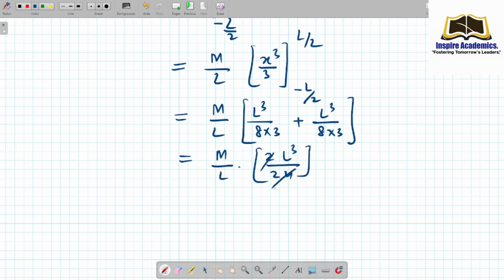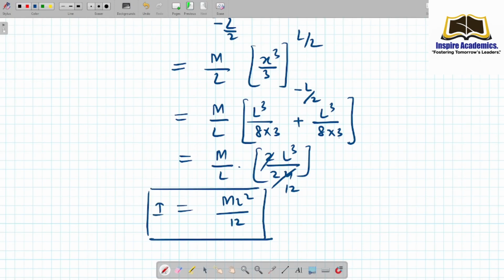So 2 से ये काट दो, 12. So you will get ml square upon 12. So that's your I, moment of inertia of a rod whose axis of rotation is going through the center of the rod. Is that clear or not?